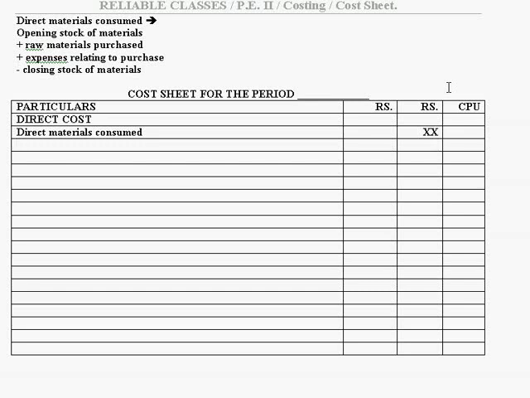So direct cost: first direct materials, then direct wages, then you will have what? Direct expenses. The total is called prime cost. Prime cost's other name is direct cost. So you get a total.